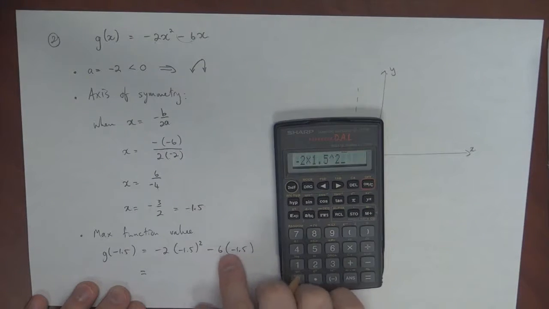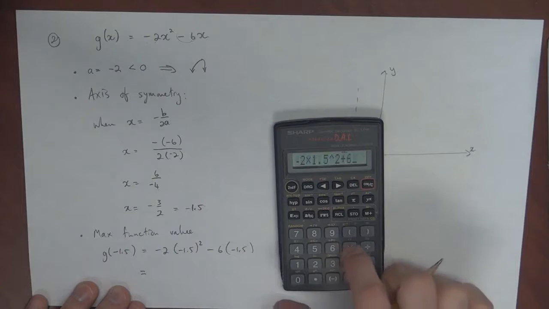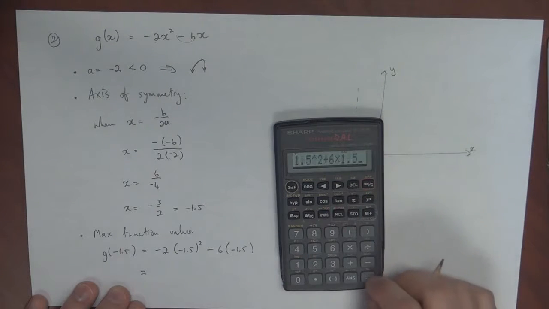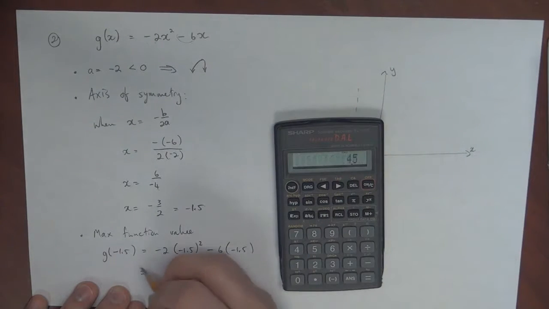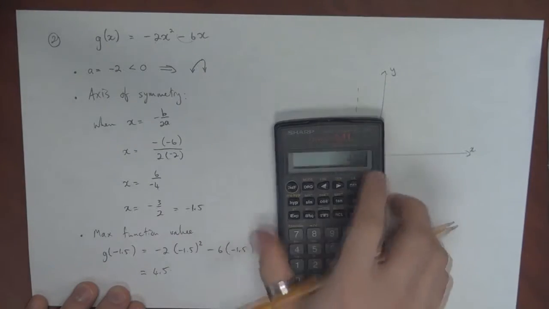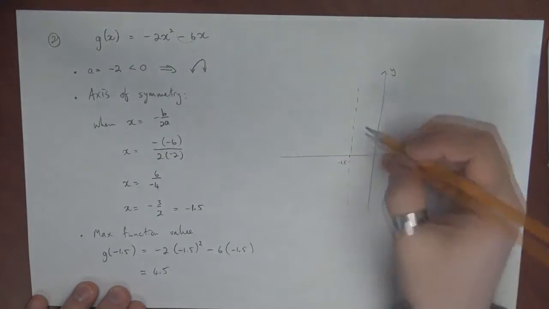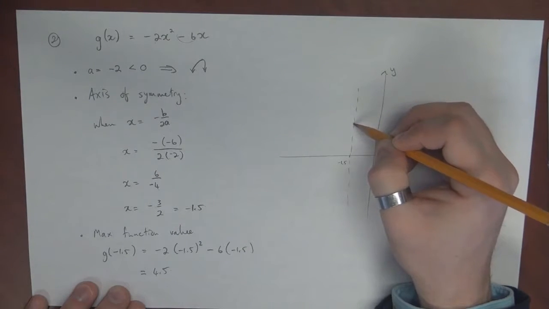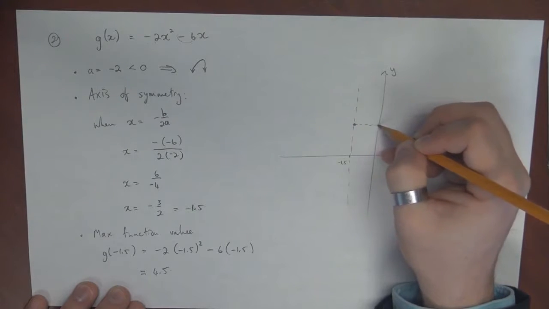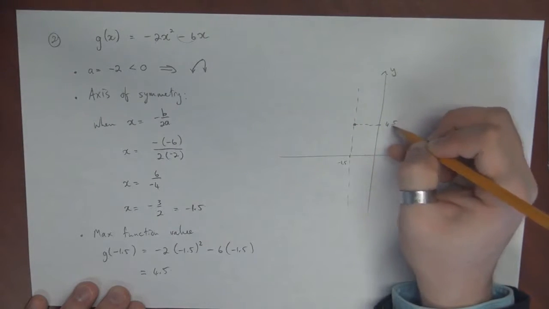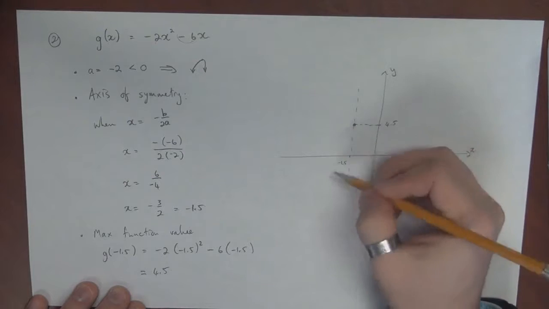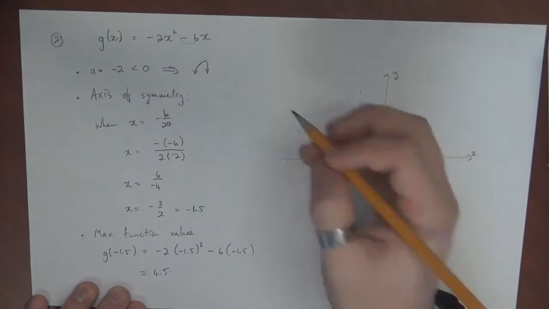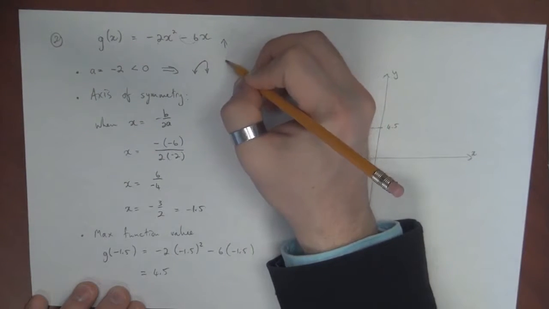I can also combine these two negatives to make a positive. 6 times 1.5 just makes my expression a little simpler, and I get 4.5. So it sits reasonably high. Let's put it over here. 4.5.